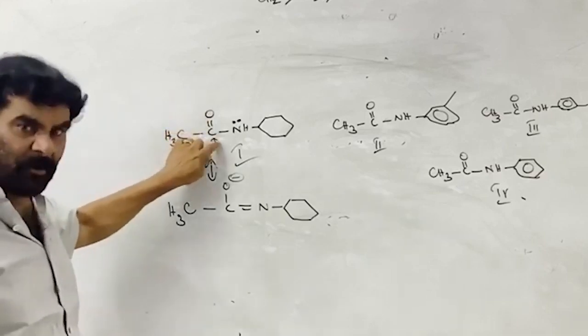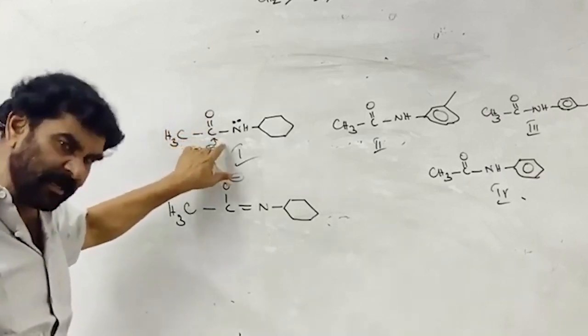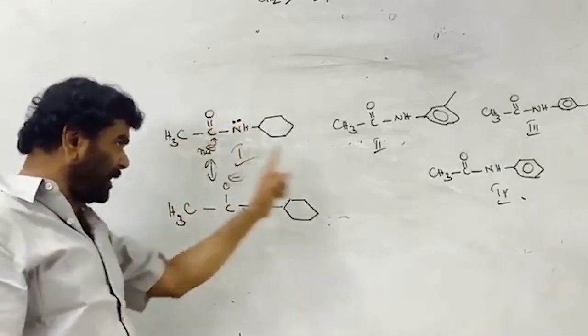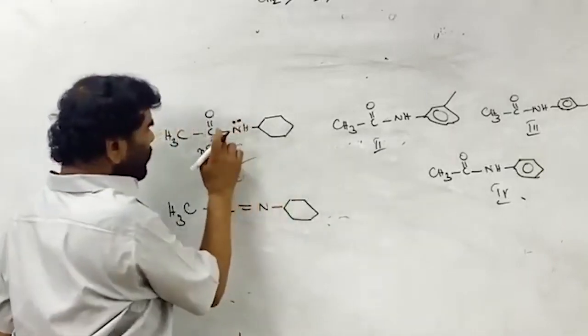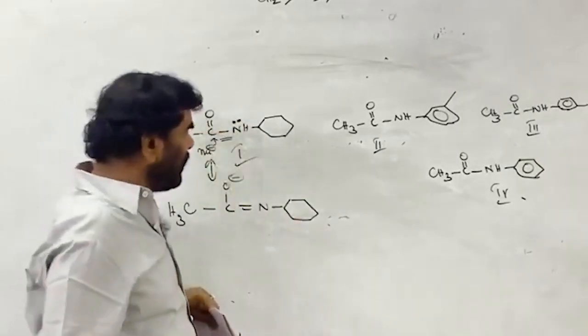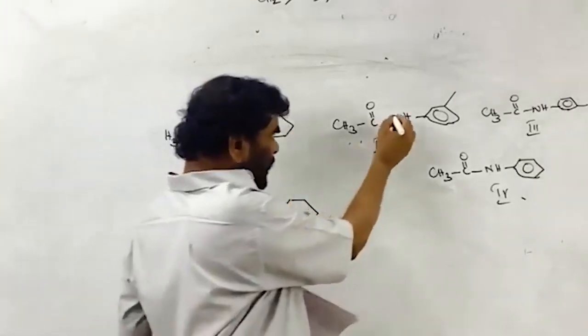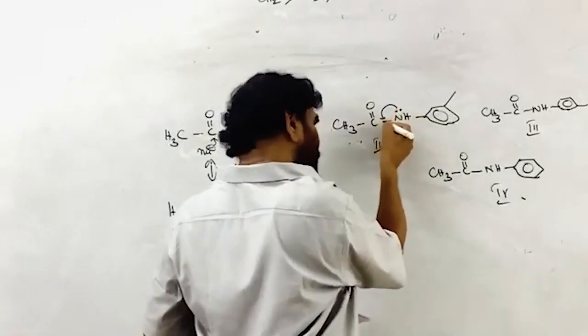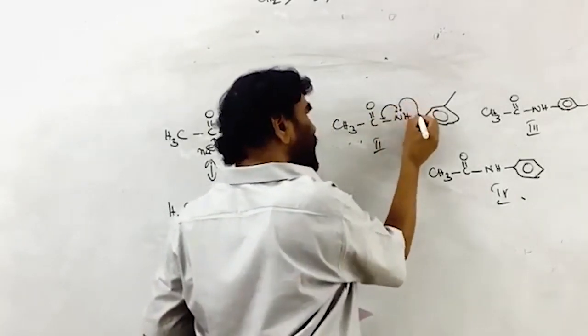More positive charge, more reactive. Less positive charge, less reactive. But in all the cases, the lone pair is involved in resonance with the amide bond. This has no role. And here the lone pair is involved in the resonance with the C double bond O as well as this.